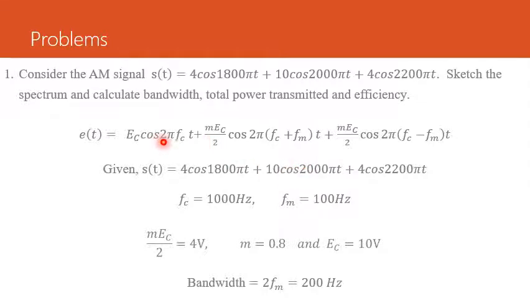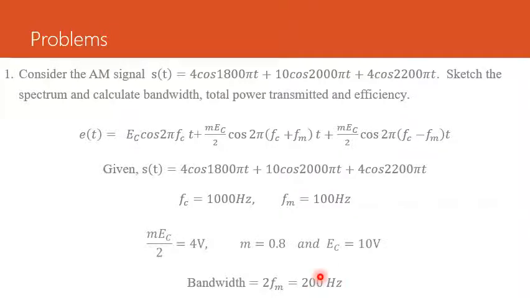So this 2 pi fc t is equal to 2000 pi t, so your fc is equal to 1000 Hertz. Similarly, this 2 pi (fc plus fm) t represents your 2200 pi t. If you substitute the value of fc as 1000 Hertz, you will get fm as 100 Hertz. If you know fm, then the bandwidth of an AM signal is 2 times fm, which is equal to 2 into 100, that is 200 Hertz.